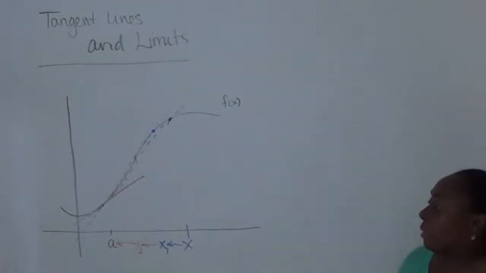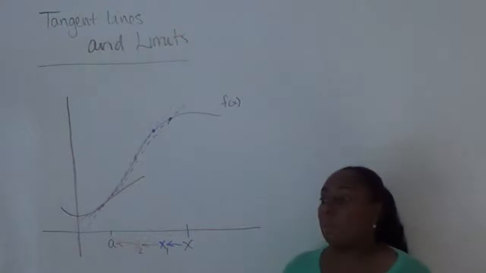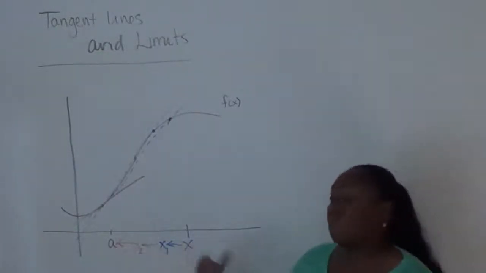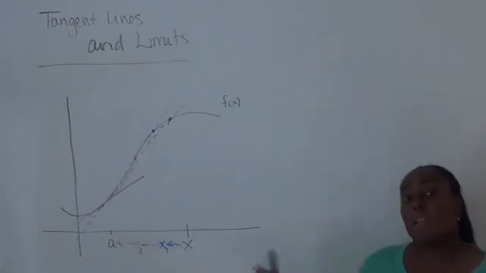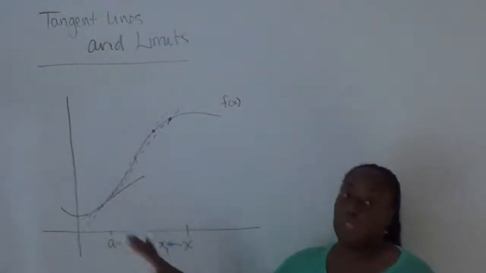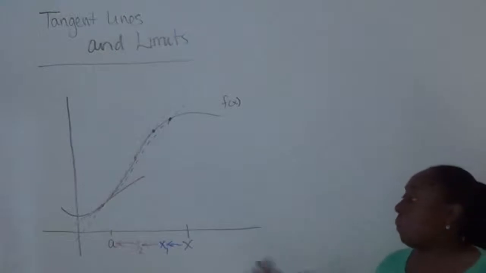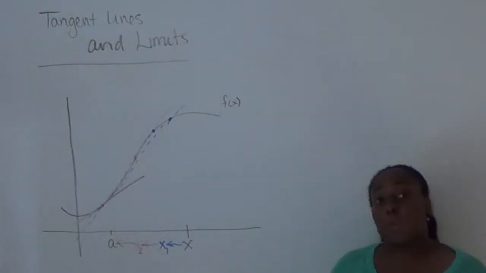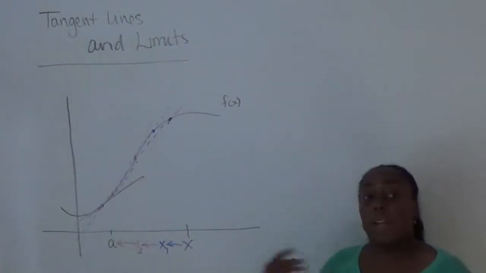And so limits, again, we'll use not only to look at values of a function, but we'll also use them to determine these tangent lines and look at slopes of the curve at a particular point. And so we have a little bit more work to do before we get there. But that's basically what we're going to be using our limits for both in this chapter and in the next.